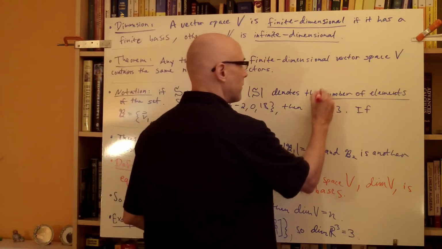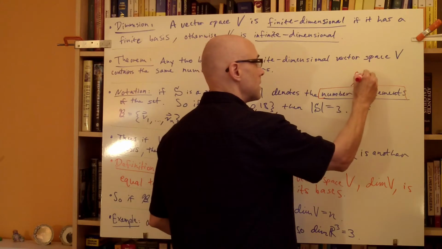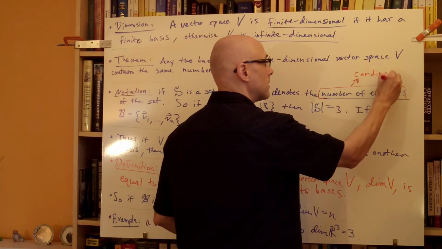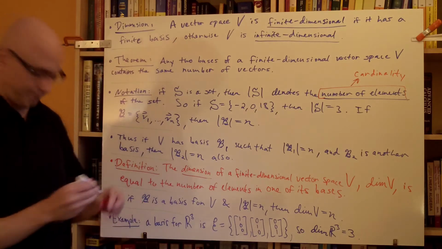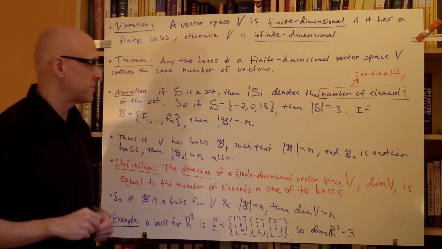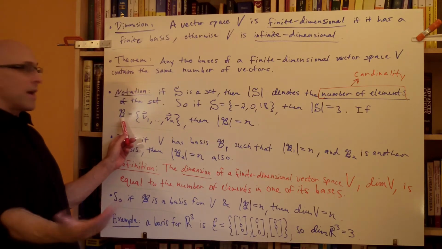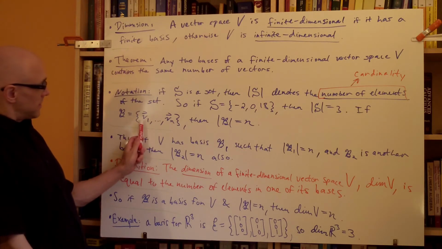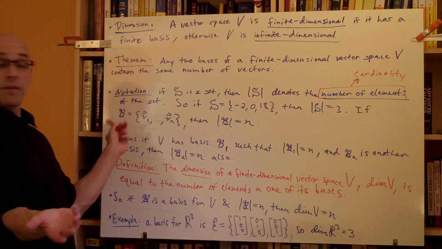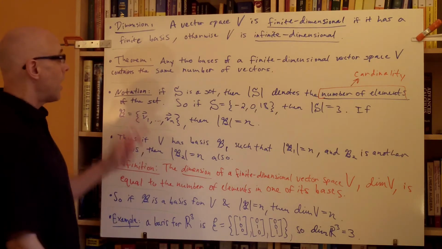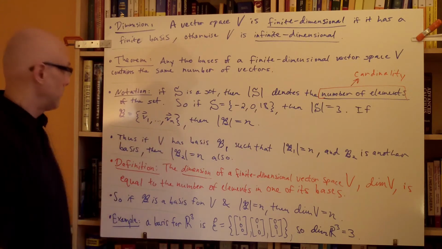The number of elements of a set is also known as the cardinality of the set, another word that's used in the notes especially. If you've got this set B that contains v1 through vn, which we might think of as some basis for a vector space, then the number of elements in B is clearly n. Okay.